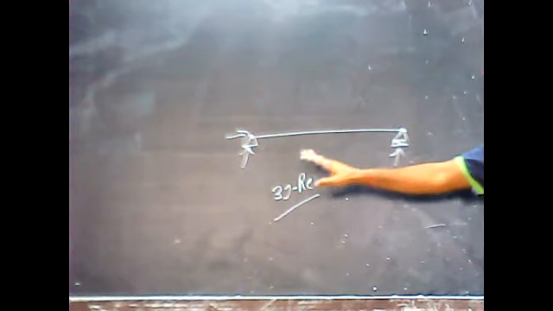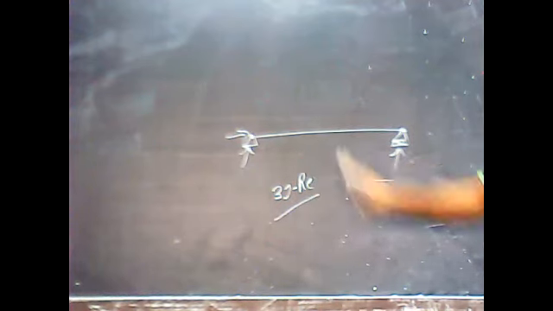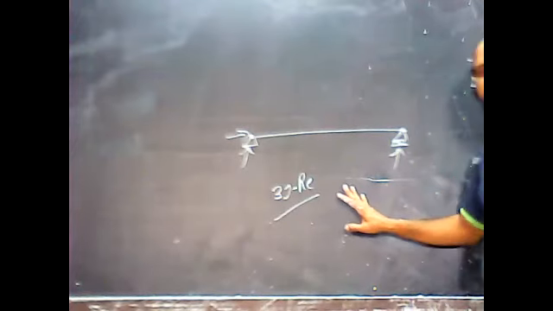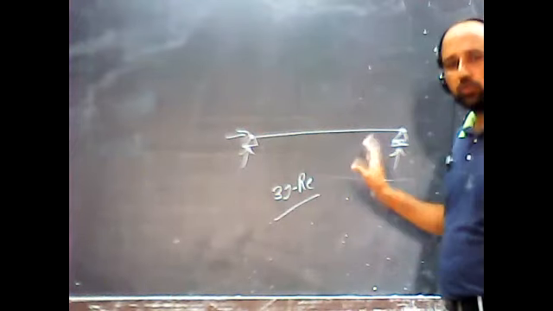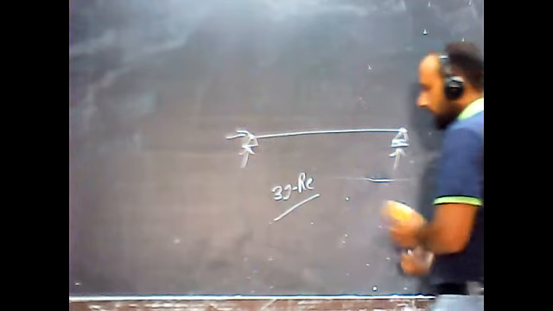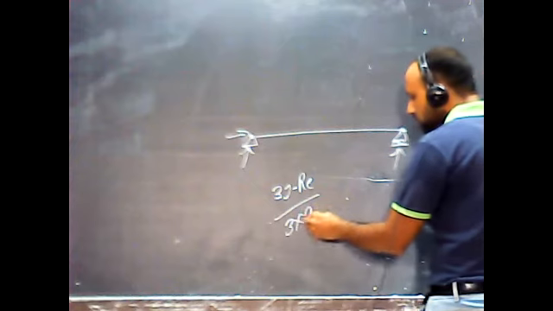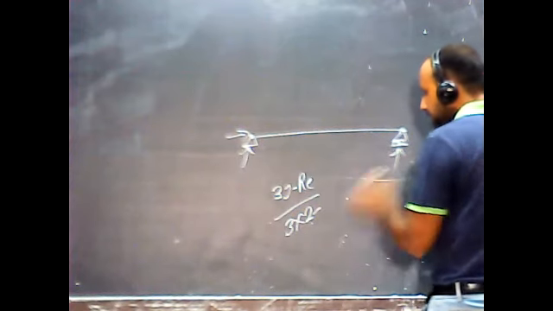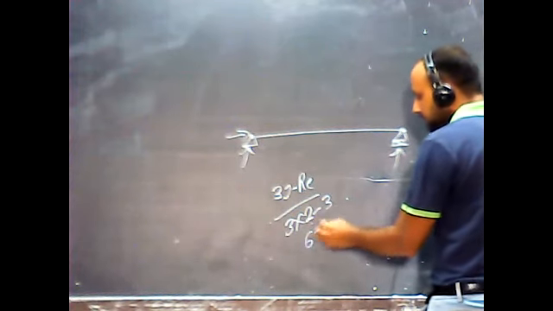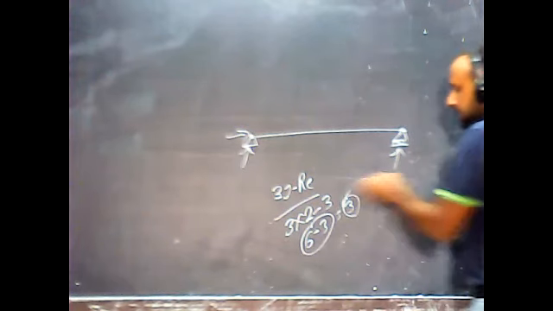Otherwise, both are under the beam. Generally we take those as joints. So 3J is 3 into 2, minus RE, 1, 2, 3. So 6 minus 3. Now the problem is, what are these 3 values?